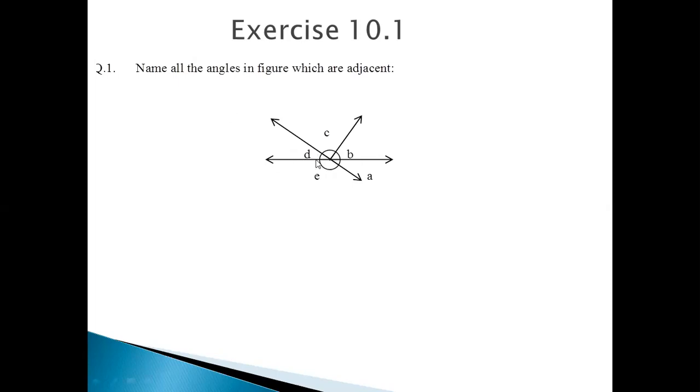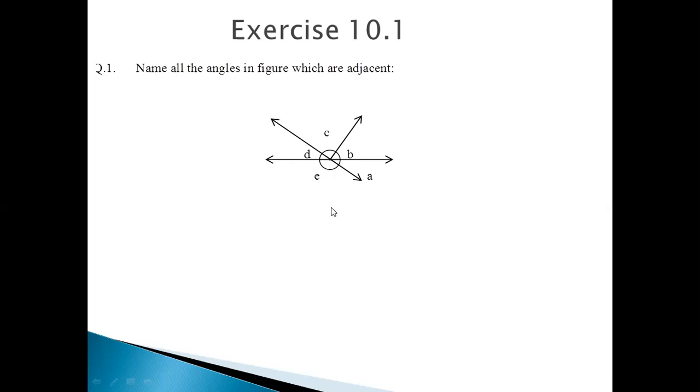For example, if you check this D and this A, they are vertically opposite because they are not adjacent and one line intersects them. So A and D are vertically opposite, and vertically opposite angles are always equal. So you have to memorize these definitions. When you memorize these definitions, then you will be able to solve the exercise.